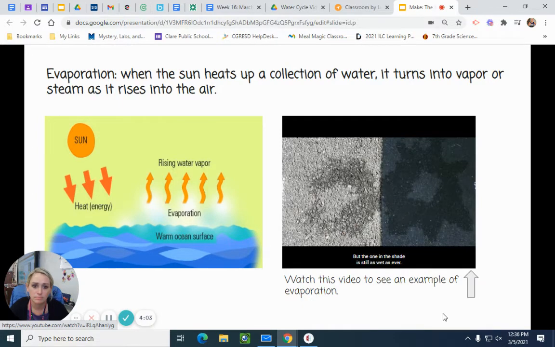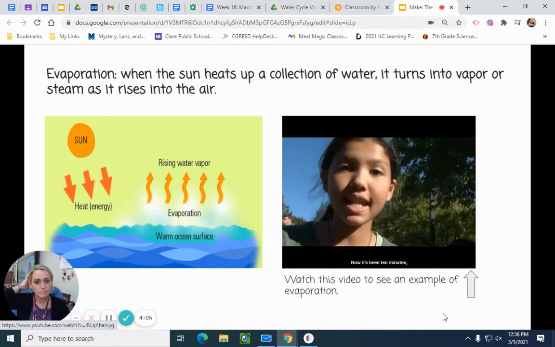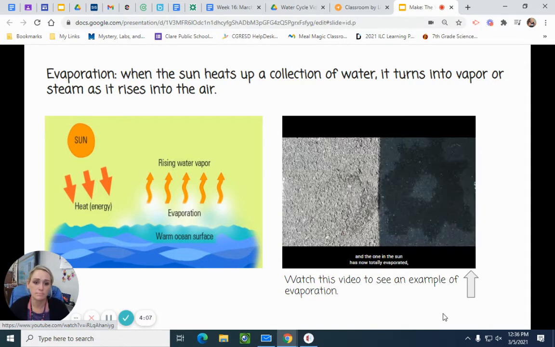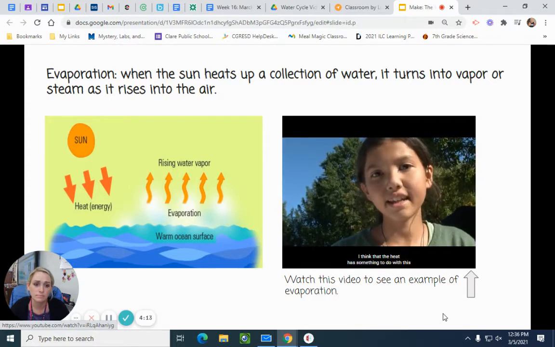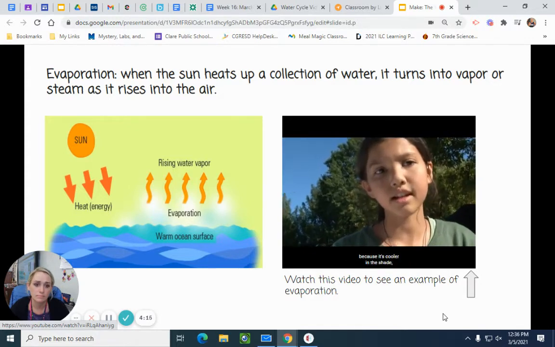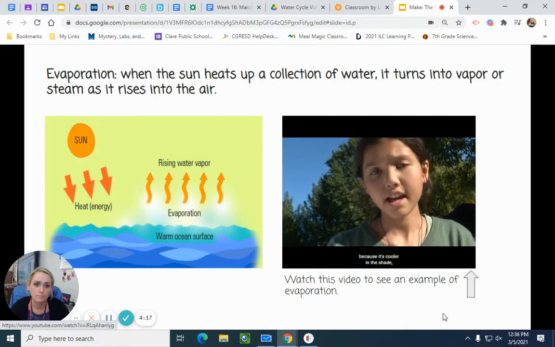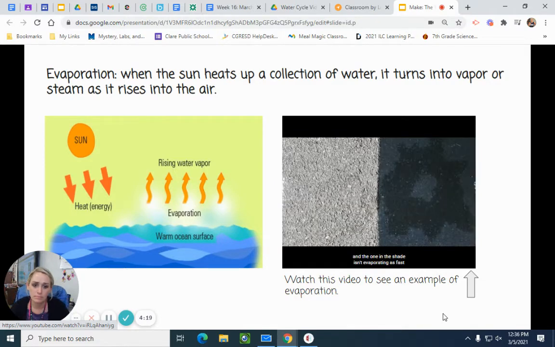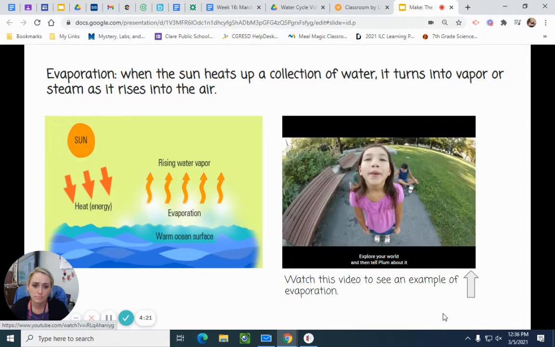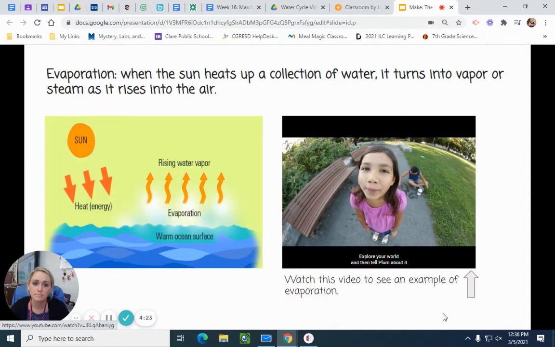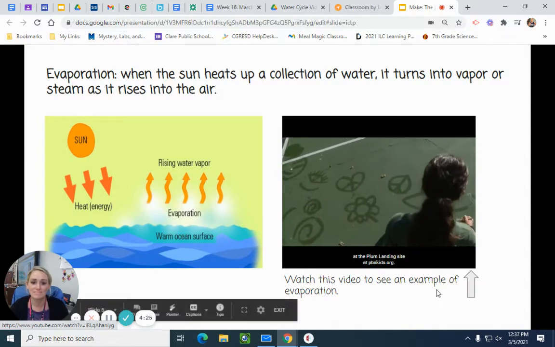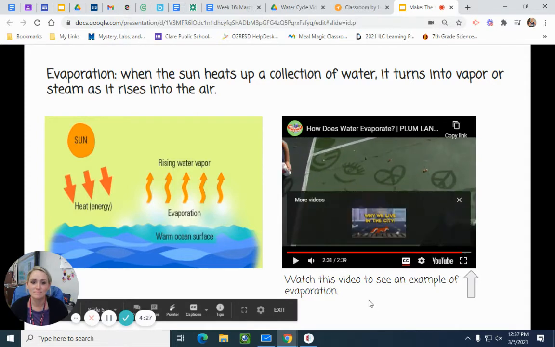But the one in the shade is still as wet as ever. Now it's been 10 minutes and the one in the sun has now totally evaporated. But the one in the shade is still trying to evaporate. I think that the heat has something to do with this because it's cooler in the shade and the one in the shade isn't evaporating as fast as the one in the sun. Explore your world and then have fun about it at the Plum Landing site at PBS.